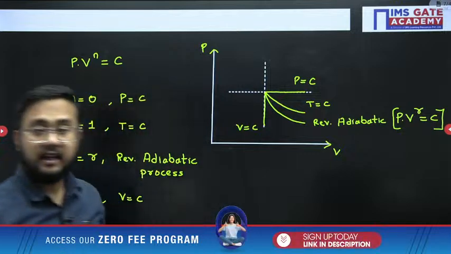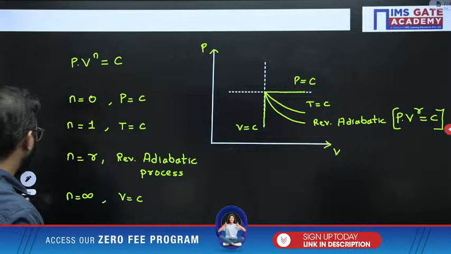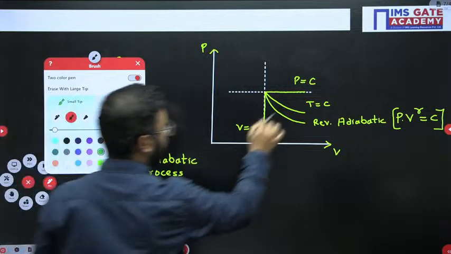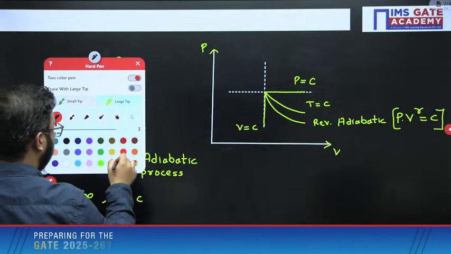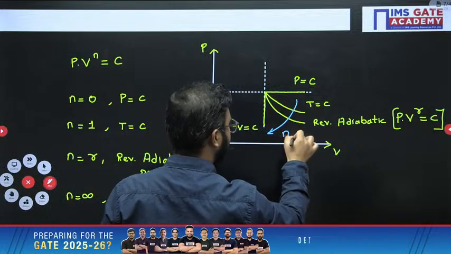Now here is a very interesting thing that you need to understand: in the clockwise sense, the n value is going to increase. N increases in the clockwise sense.